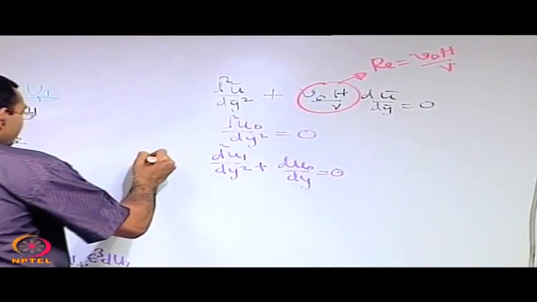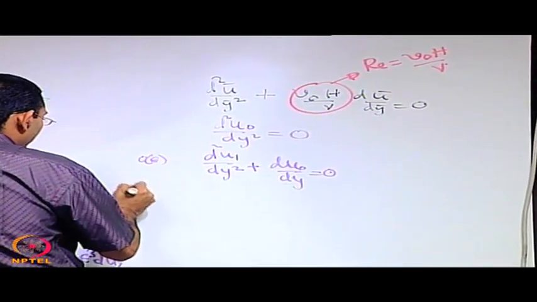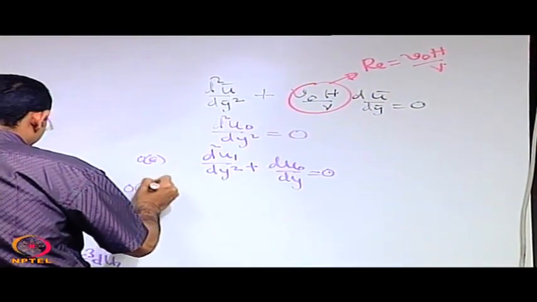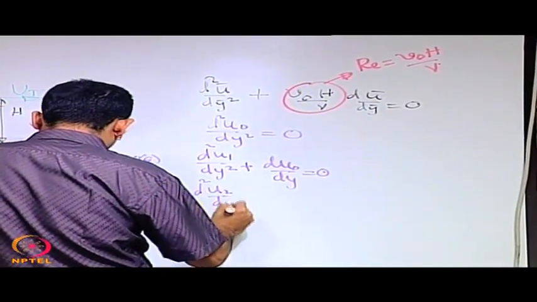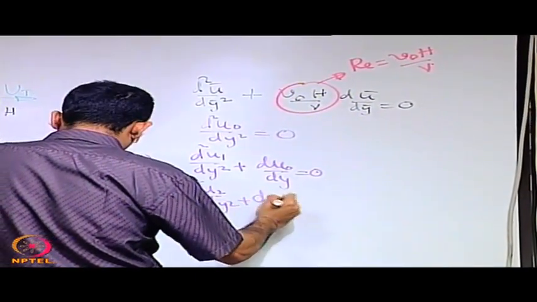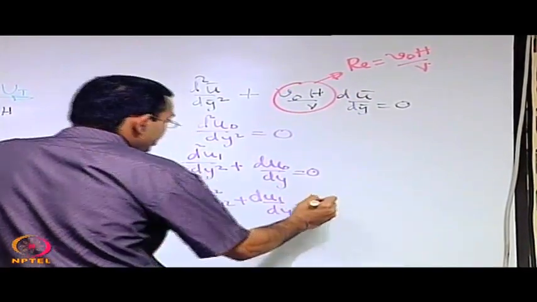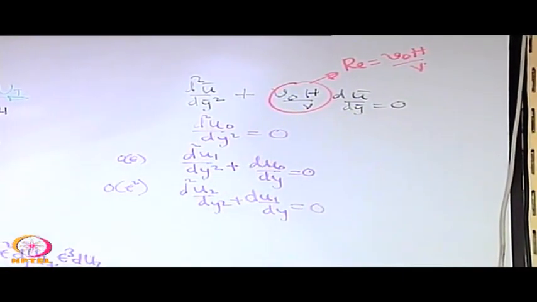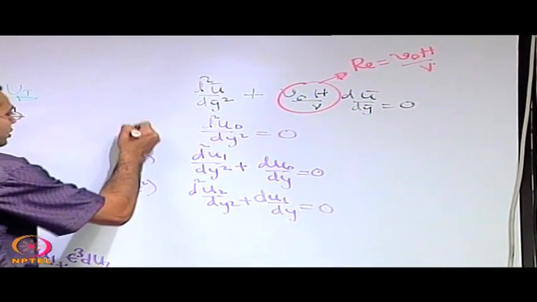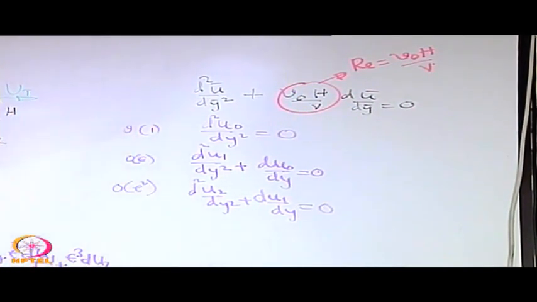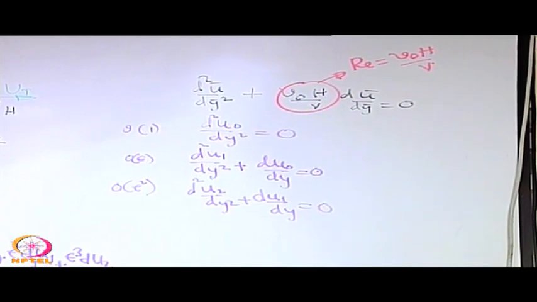Then of the order of epsilon square, d2 u2 dy2 plus d u1 dy equal to 0 and so on. So depending on how many terms you take, you may go on writing terms of various orders which will give their individual governing equations.